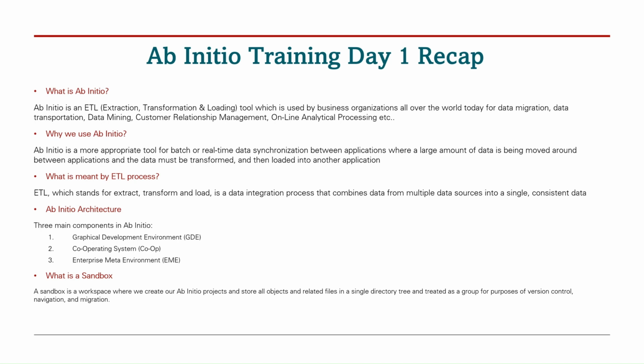The cooperating system is the heart of Ab Initio, which is used to process and execute all the graphs, and it also interacts with different data sources. The enterprise meta environment is a repository. We can say it is a version controller where we store all the data.